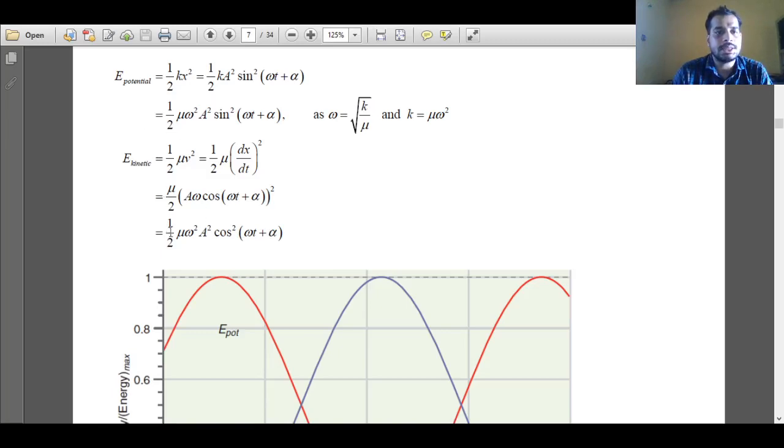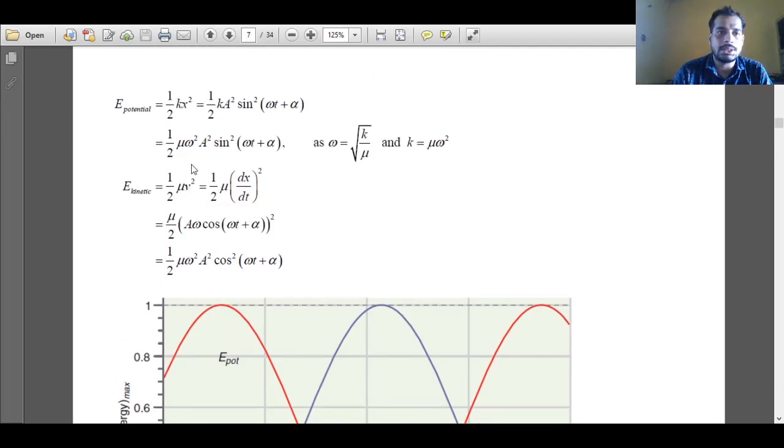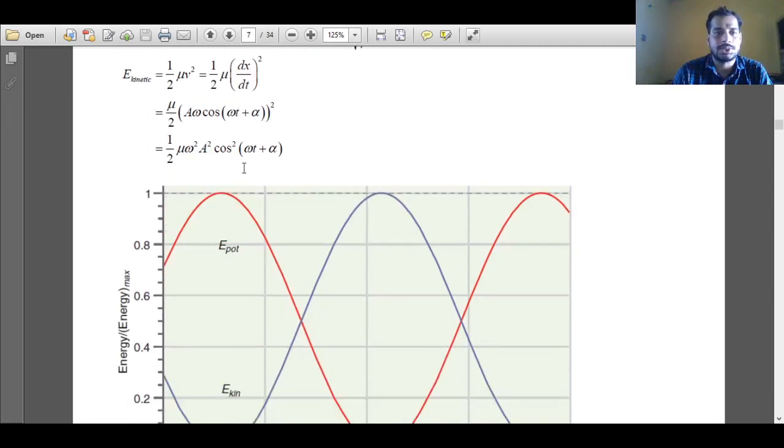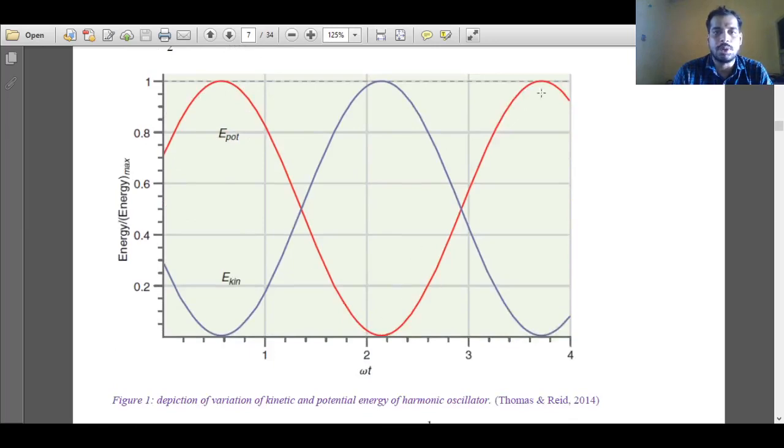Now my potential energy is half mu omega square a square sine square omega t plus alpha, and kinetic energy is half mu omega square a square cos square omega t plus alpha. So my potential energy turns out to be a sine function, and kinetic energy turns out to be a cos function. If I plot those functions, I'll get periodic functions: when potential energy is high, kinetic energy is low, and when kinetic energy is low, potential energy is high, and they repeat periodically.